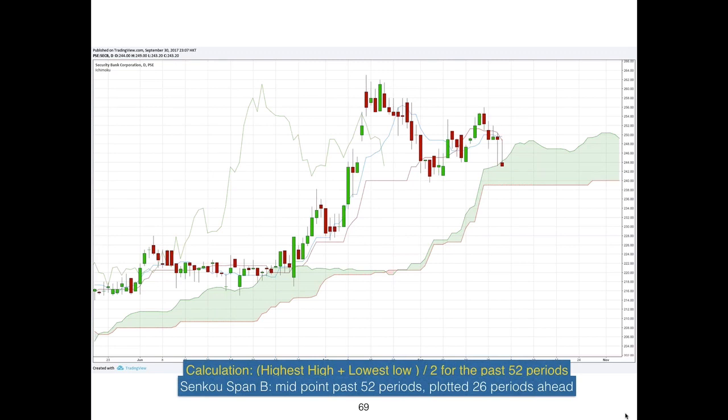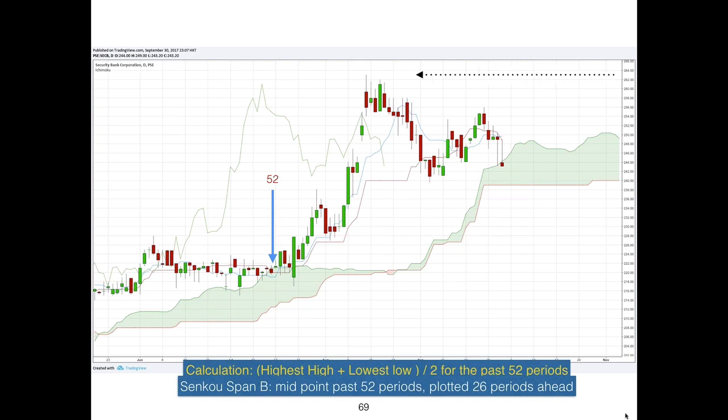The Senkou Span B represents the highest high plus the lowest low divided by 2, calculated over the past 52 time periods and plotted 26 periods ahead. So this is 52 periods back from the last candlestick. So this is the last candlestick that we will consider in our highs and lows.